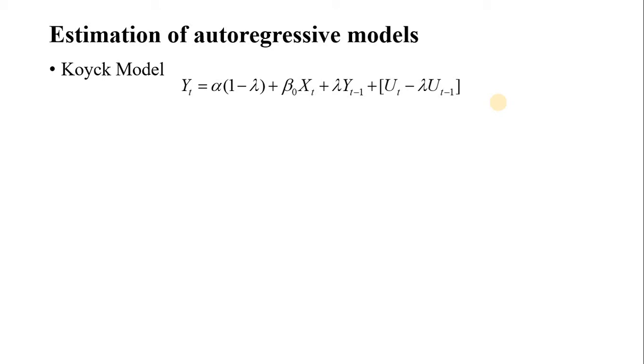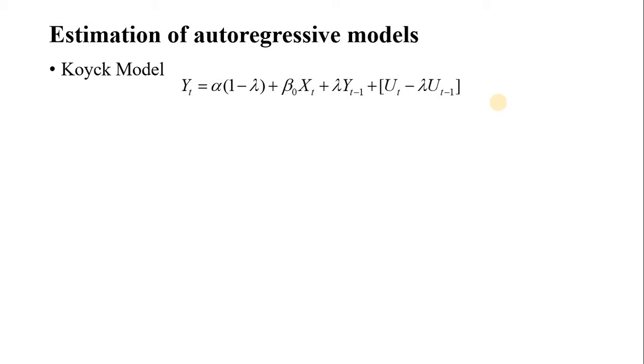So in this equation we have an intercept, then beta 0, the immediate effect, then the past or lagged effect of the dependent variable, and an error term.